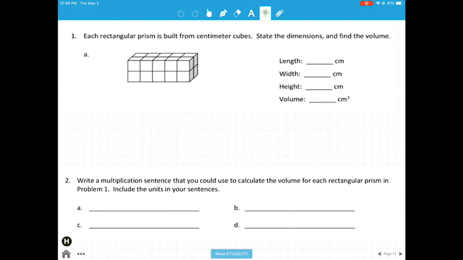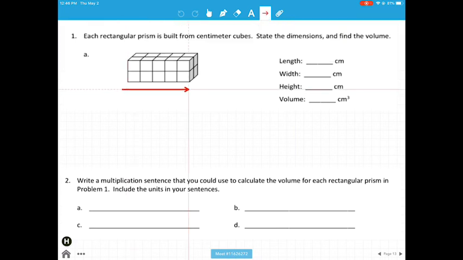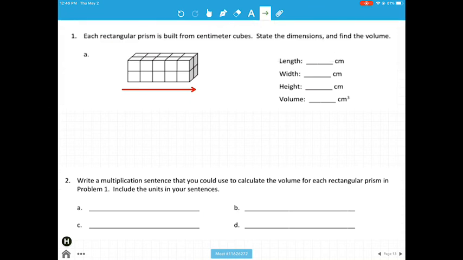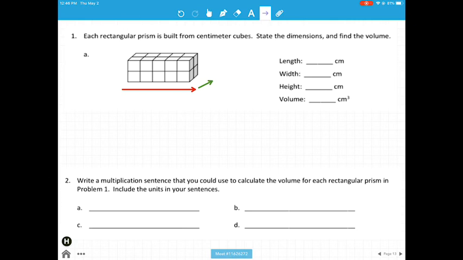One way to think about how to figure out length, width, and height is that we're going to go across first, across the front of this. Then after that, we're going to go back. And then after that, we're going to go up. That's our height. So that's one way of thinking about it.